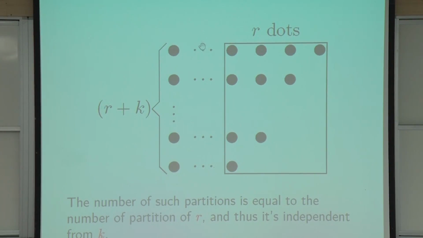So we only have r dots left in the right hand part. The remaining r dots we only have to distribute, or partition, to determine the number of partitions of 2r plus k dots. As you can see, this is equal to the number of ways to partition r dots, and therefore it is independent of k.